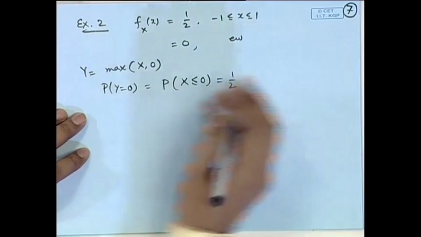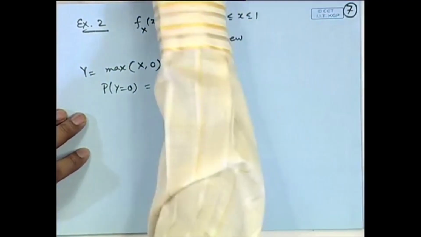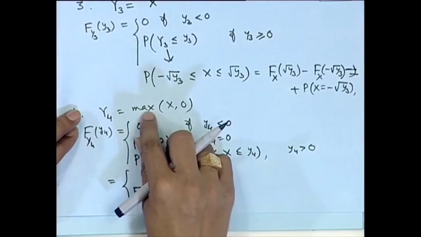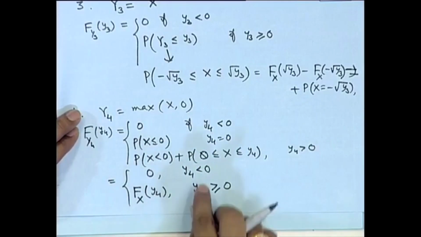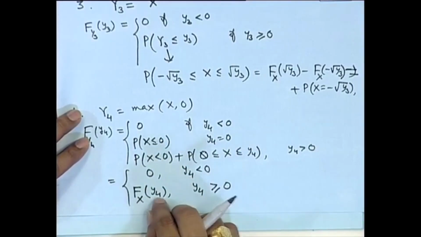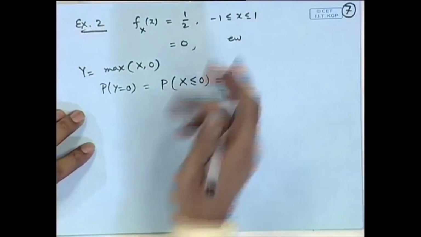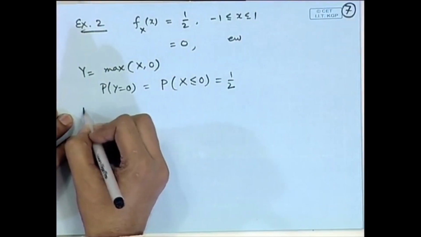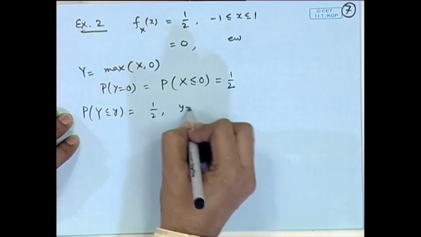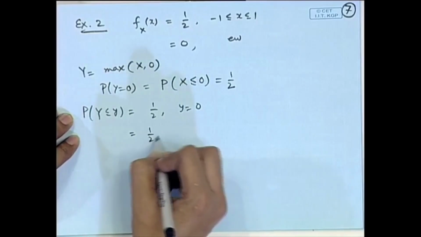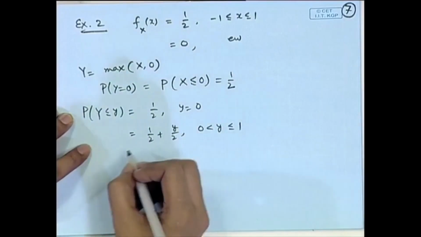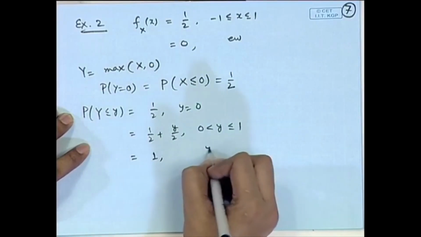So, in this case we can use the formula that we developed for the CDF of Y = max(X, 0). For y less than 0 it is 0, and thereafter it is F_X(y). So, if we use this, probability of Y ≤ y is equal to half for y = 0, equal to 1/2 + y/2 for 0 < y ≤ 1, and of course it is 1 for y greater than 1.